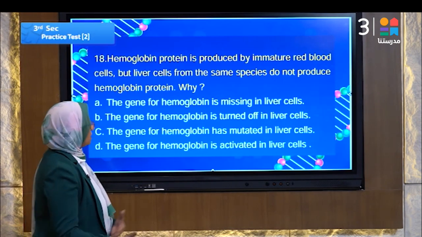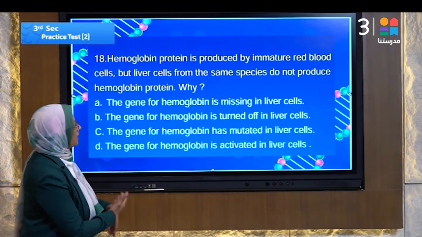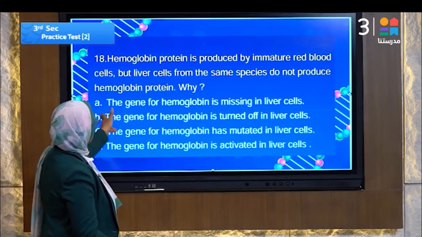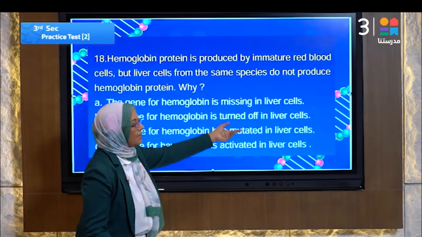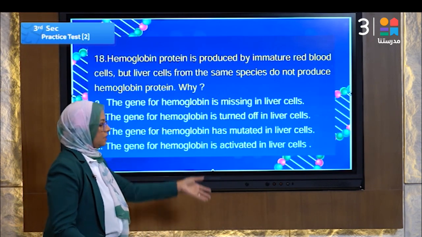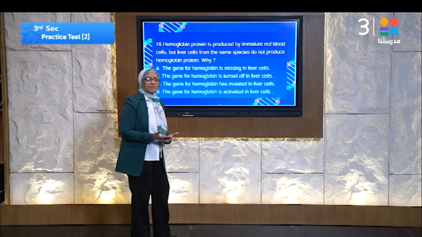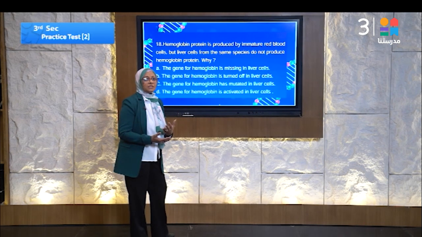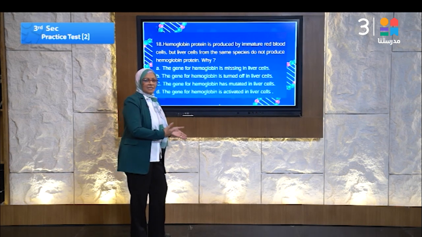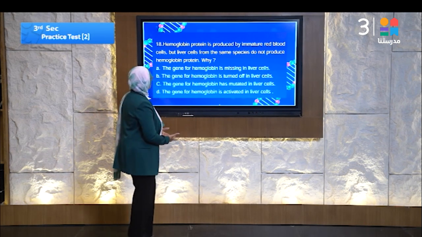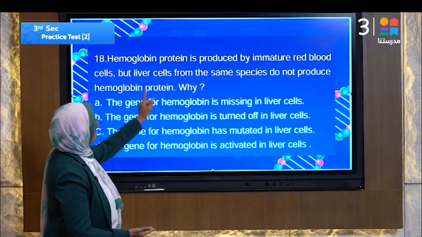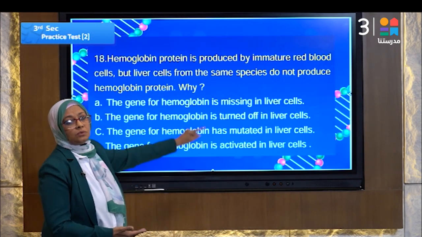Let's read the choices to make a decision. Number A, the gene for hemoglobin is missing in the liver cells. The gene must be found in the DNA and form a new type of protein. The protein here is hemoglobin. It must be found, not blocked, not produced.